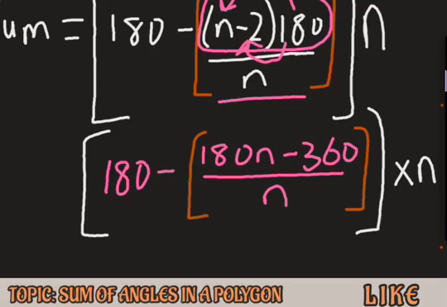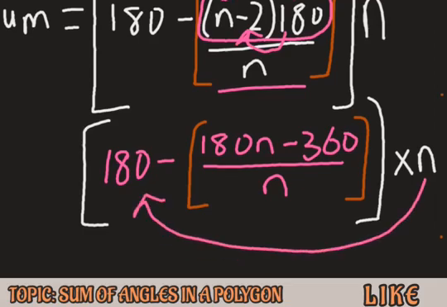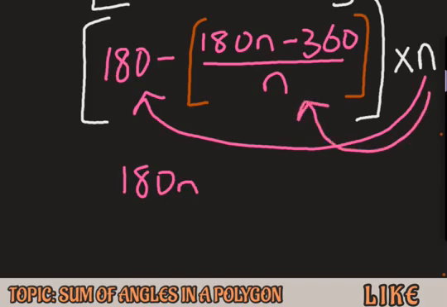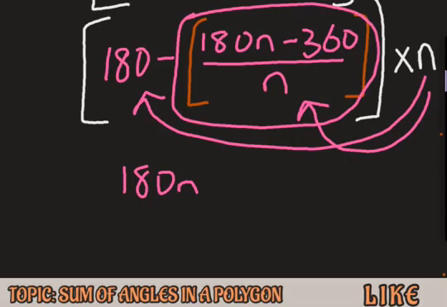Doing that, n we multiply 180, and that will give us 180n. Again, n we multiply this. Remember, it's not just this but minus this because of this minus sign.